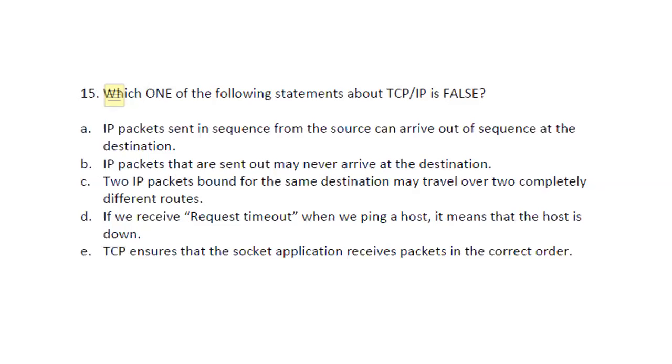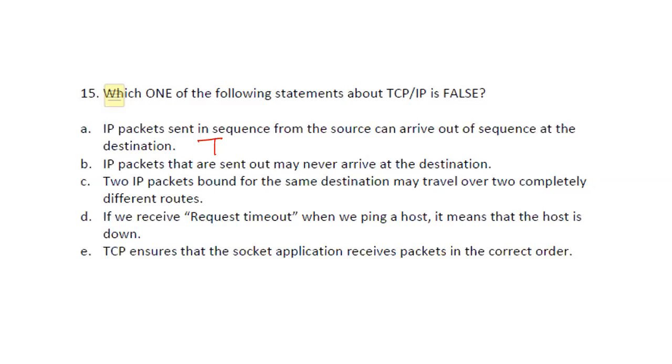This is true, because if you look back at your TCP/IP handouts, the packets can be routed through multiple routers and eventually reach the destination. It doesn't matter if they arrive out of sequence, because at the receiving end you will be able to rearrange them in the correct order. So that is definitely true.